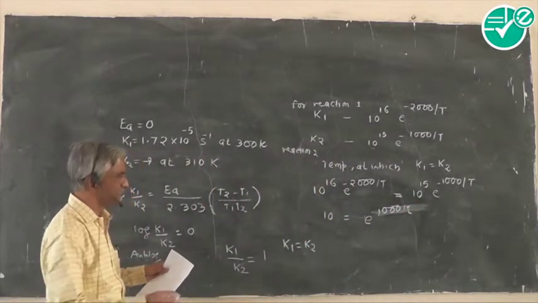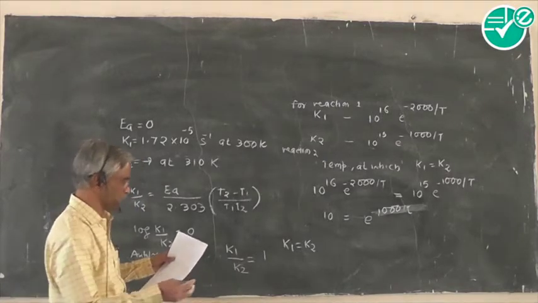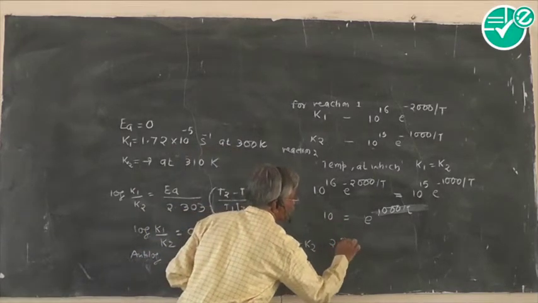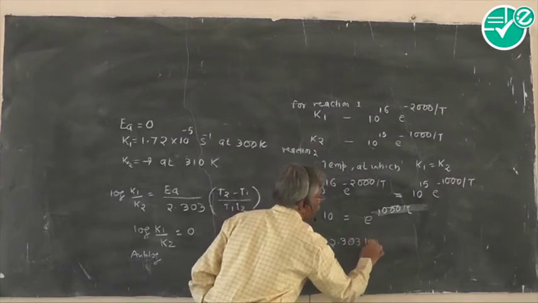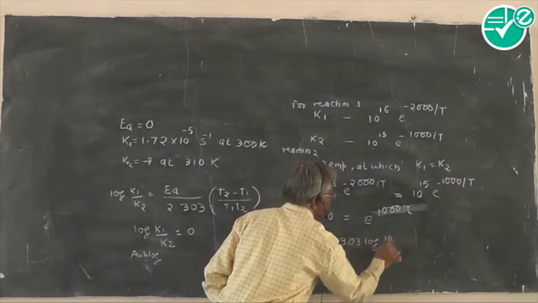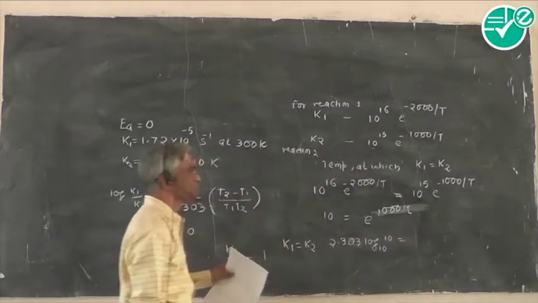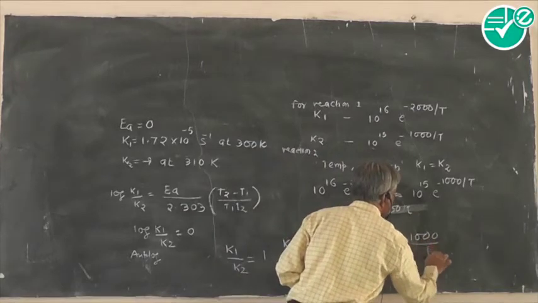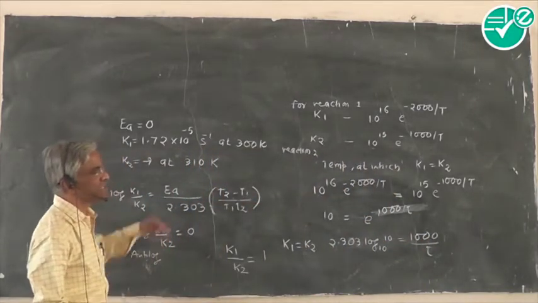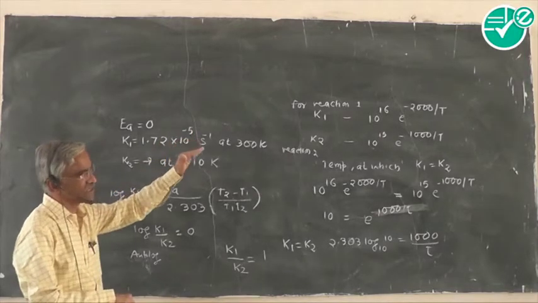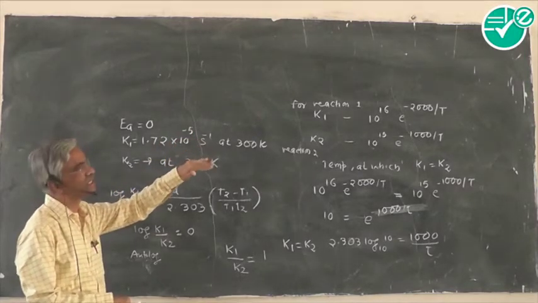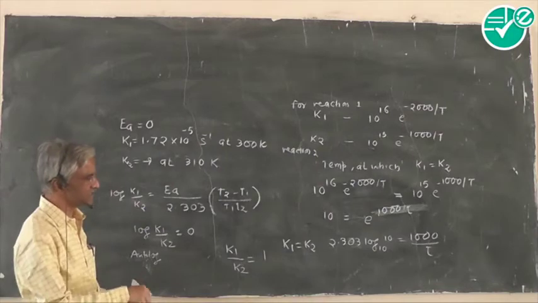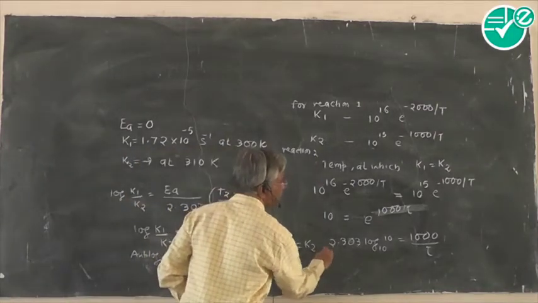Now take the log to the base 10 directly, and for removing this exponential, we will be having 2.303 log of 10 to the base 10, which is equal to 1, and here it will become 1000 upon T. The same way in which we have converted the activation energy equation K equal to A e raised to minus EA upon RT, in the same way we can go for this calculation at this condition.